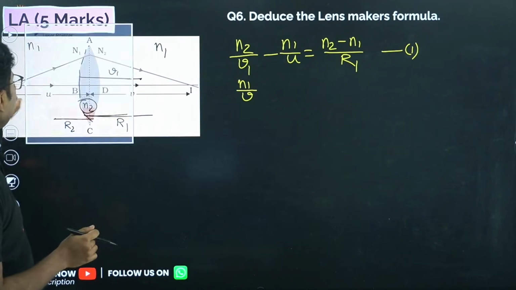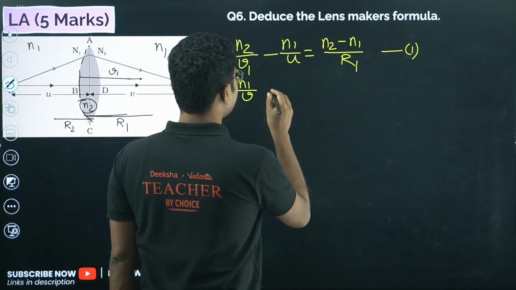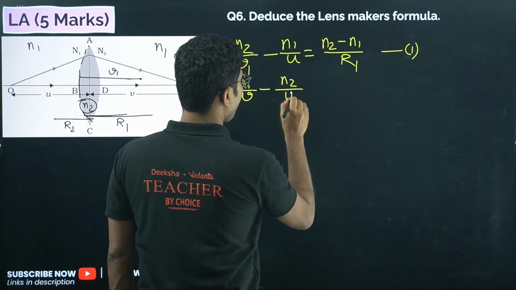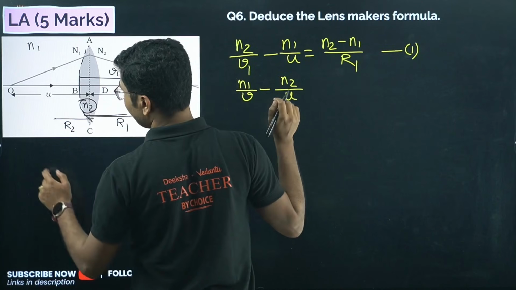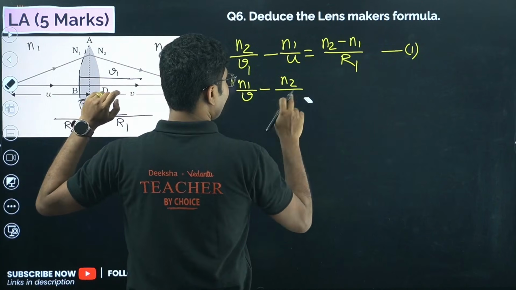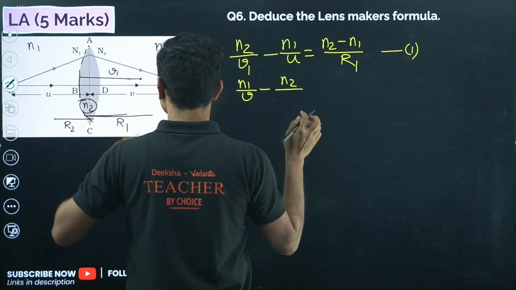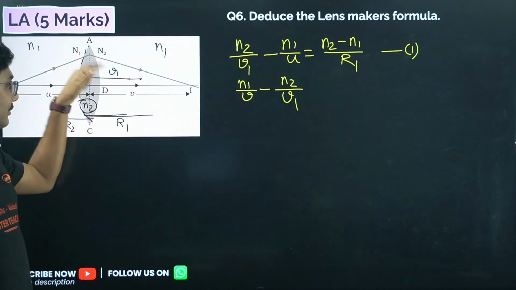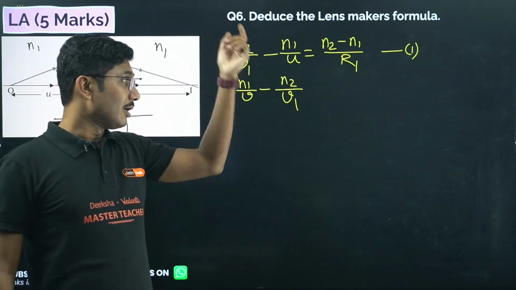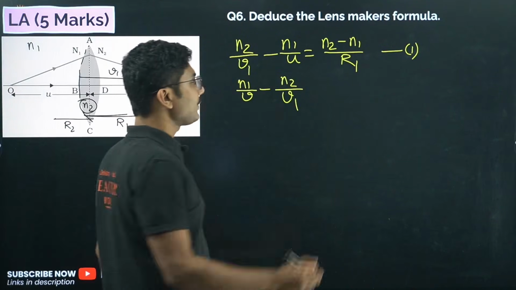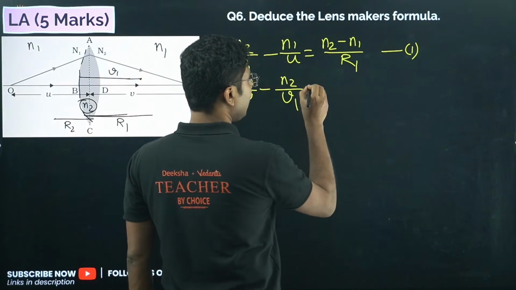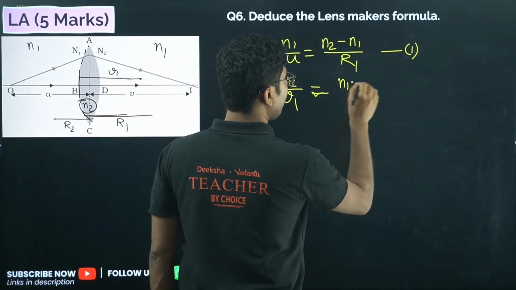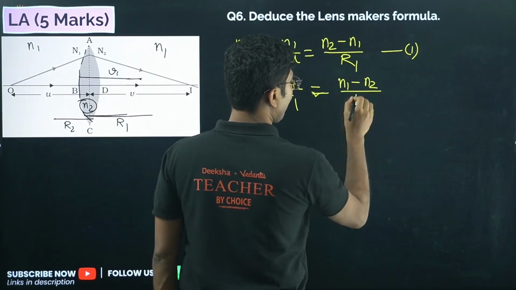So we will put N1 by V minus N2 by V1. This was the intermediate distance, so this will now act as the object distance for the second surface. So N1 by V minus N2 by V1 will be equal to N1 minus N2 by R2.